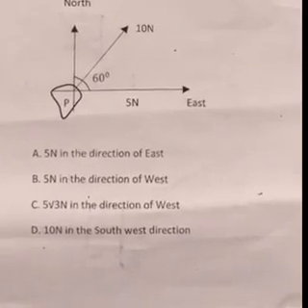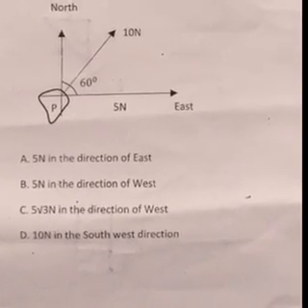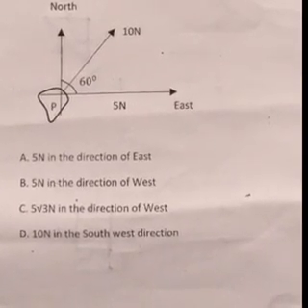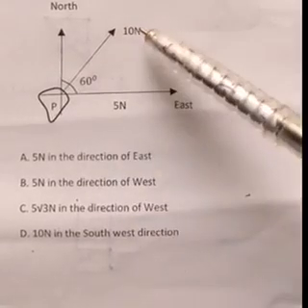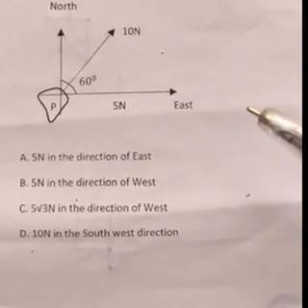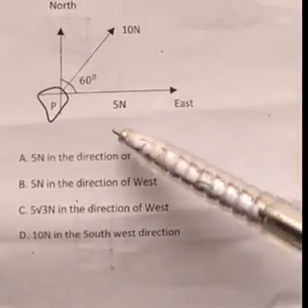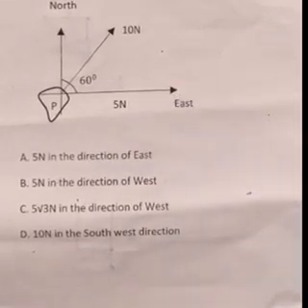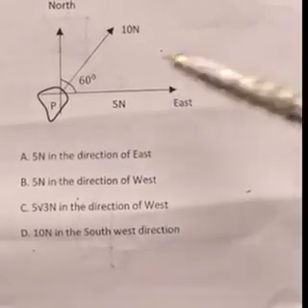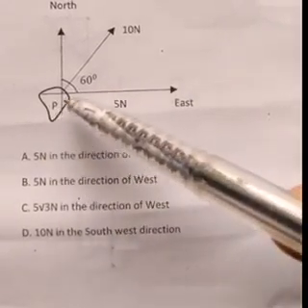Last question under this. A body on the ground is acted on by a force of 10 Newton at point P, as shown. What force is needed to stop the body from moving eastward? First, what is the total force moving eastward? So we have 5 Newton moving eastward.